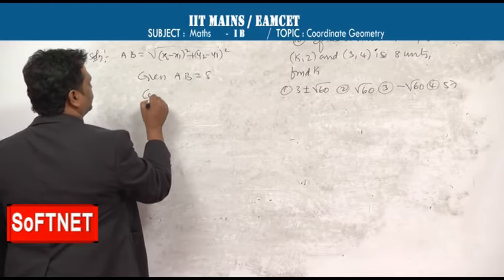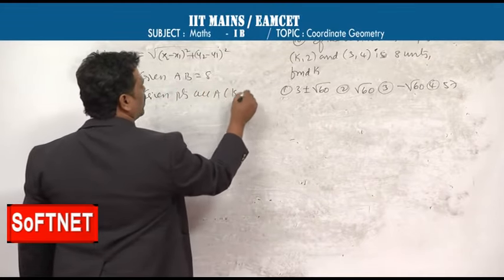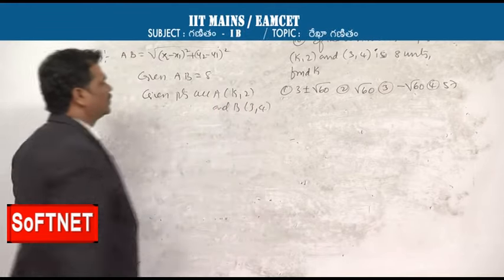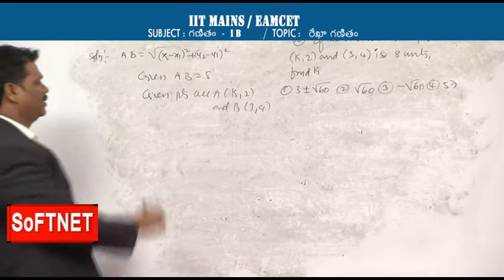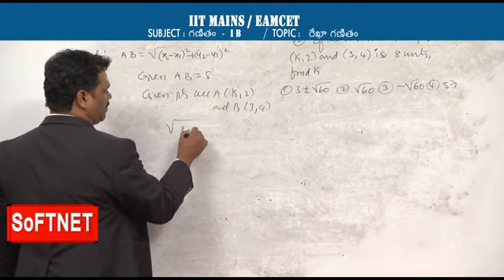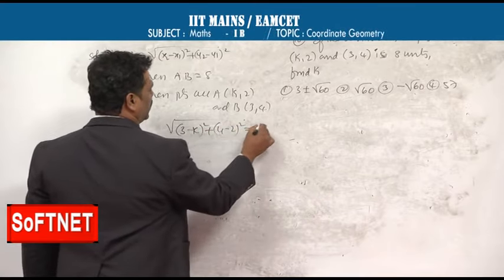Given points are A k comma 2 and B is 3 comma 4. So the distance between 2 points is 8, root over 3 minus k whole square plus 4 minus 2 whole square equal to 8.